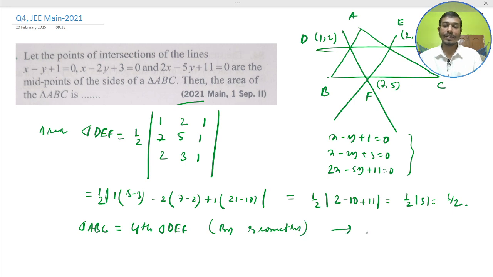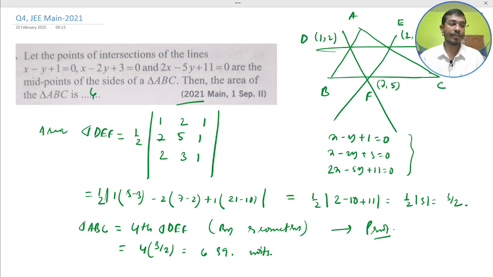I write here, you should prove. This is 8th or 9th or 10th grade geometry. This is 4 into area of DEF, which is 3 by 2. This would become 6, obviously square unit. So 6 would be the correct answer.